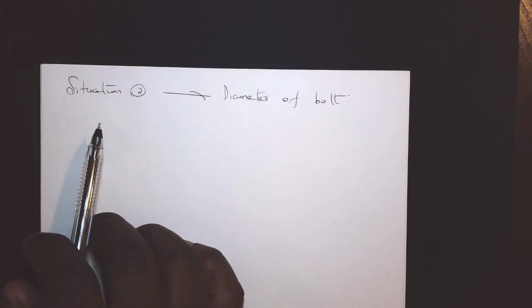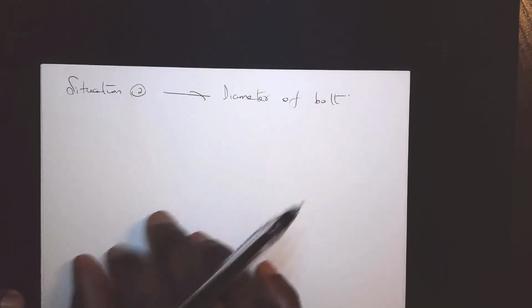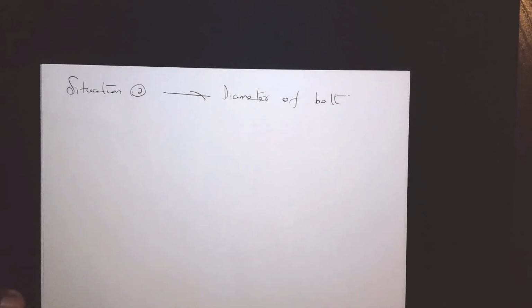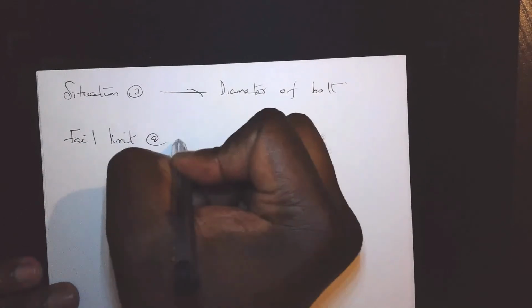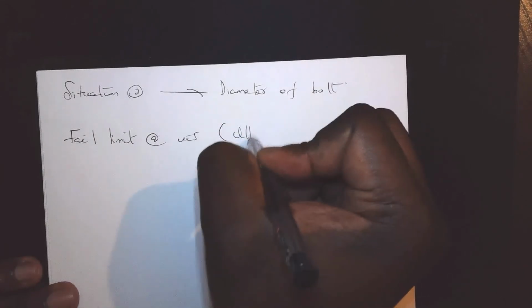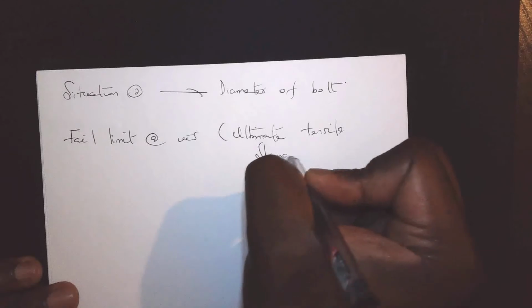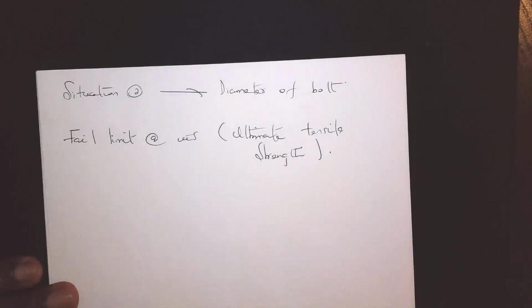Let's look at situation 2, where we need to calculate the diameter of the bolt if we assume that some amount of plastic deformation is taking place within the component during its service life. So we're going to assume that the yield limit is at UTS. Let's not forget that UTS stands for the ultimate tensile stress or strength of the given material.